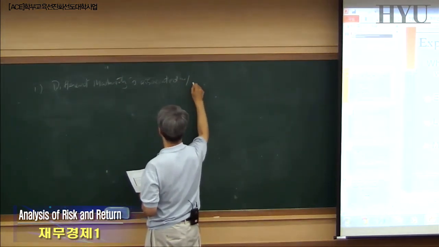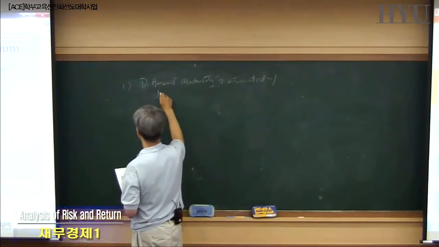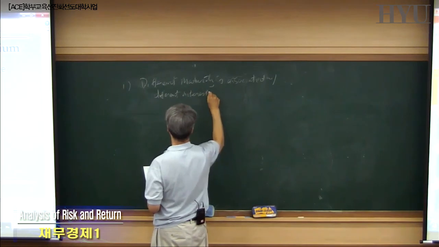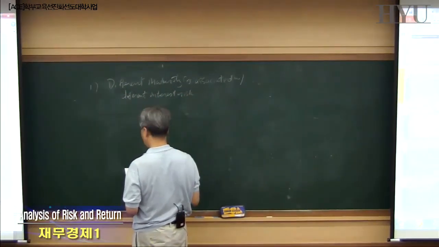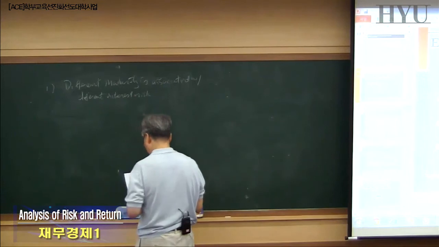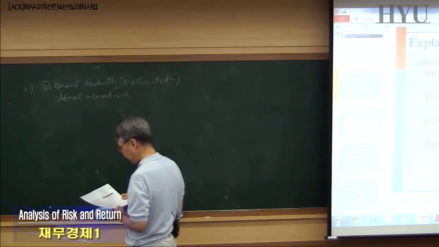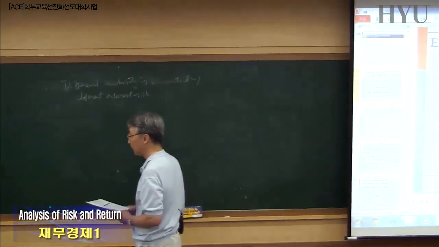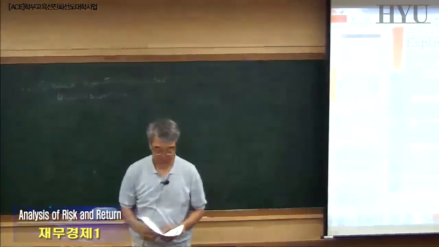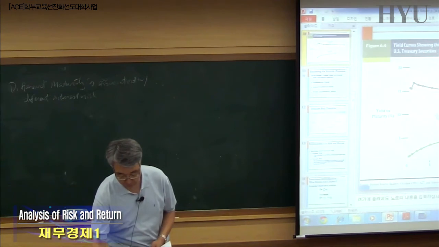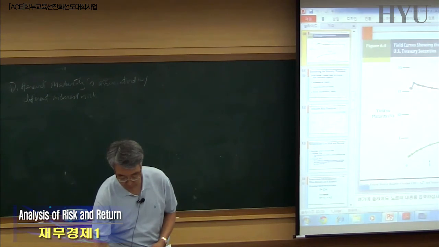So what it's saying is people expect, as you see in this graph, if people expect the interest rate to rise in the future, you will see the upward sloping yield curve.